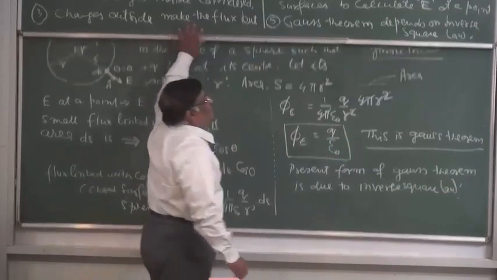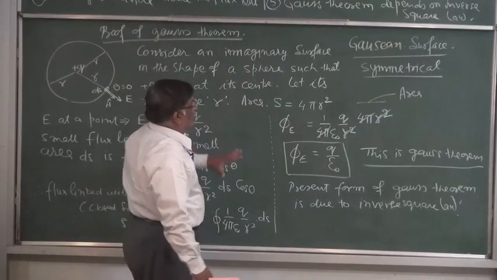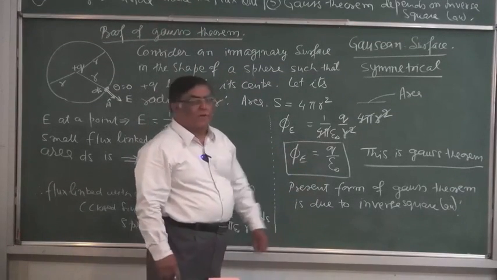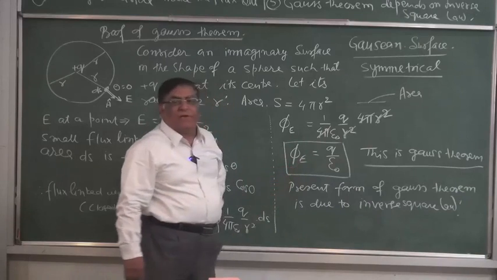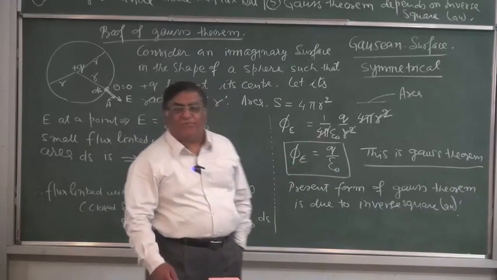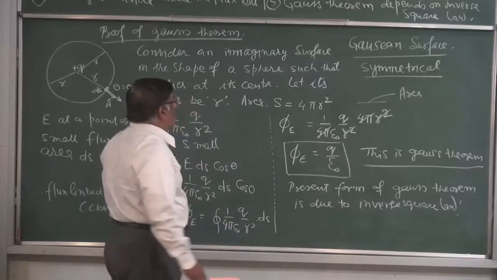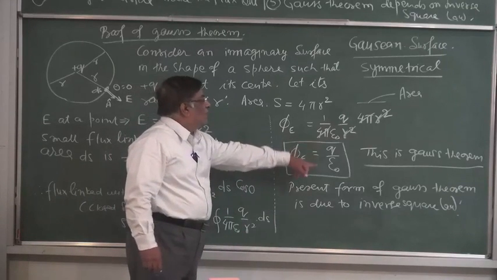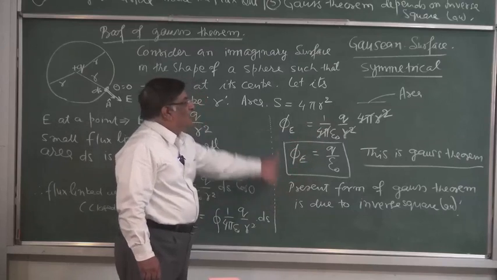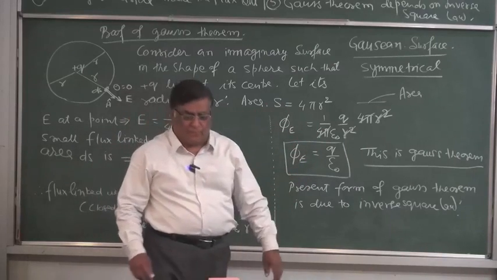Okay, so this is Gauss theorem. Now this flux, in our calculation, what is the flux? Flux is closed integral E ds. So closed integral E ds is equal to Q upon epsilon naught. This is the Gauss theorem.